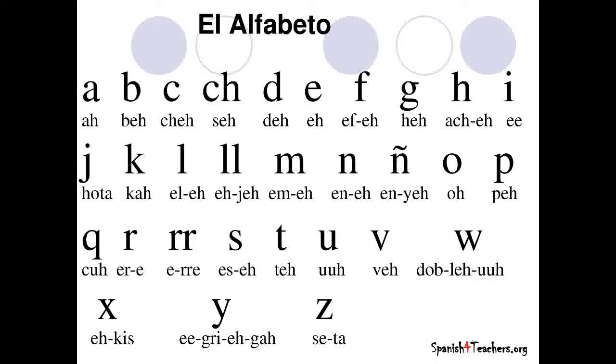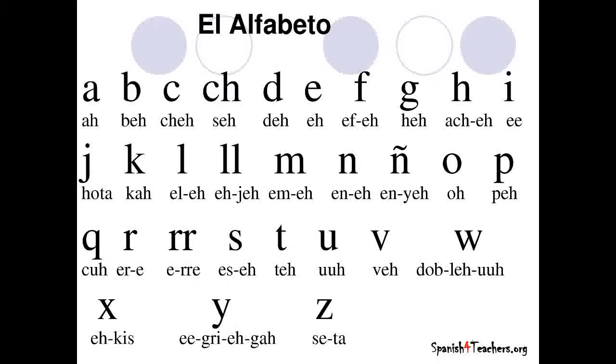The English letter M is called M. Mesa. Mesa, table. The English letter N is called N. Nada. Nada, nothing.